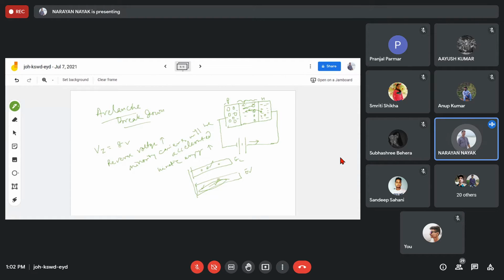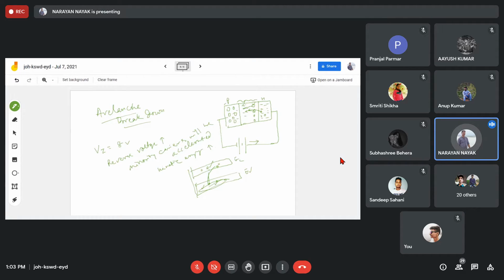Okay, so what will happen? Some electrons are present at the valence band. These valence electrons will try to break the covalent bond, meaning they will jump out of the covalent bond. Once this electron reaches the conduction band, it will collide with the atoms and be produced as a free electron.